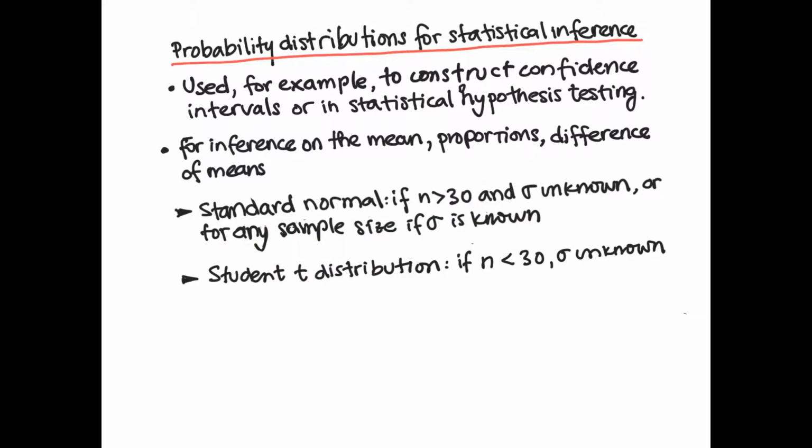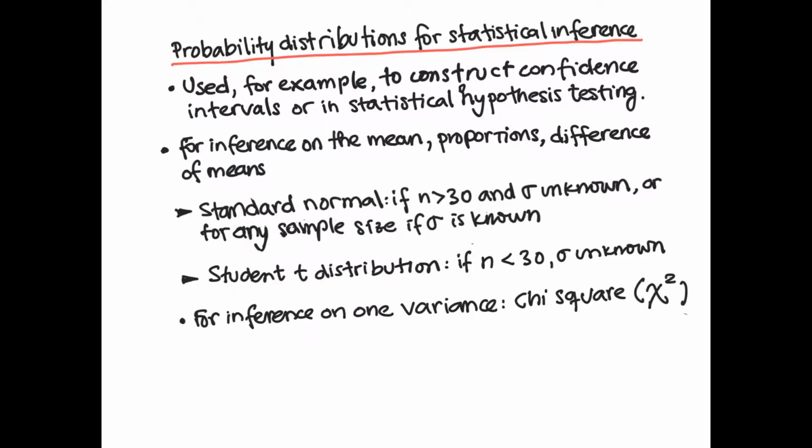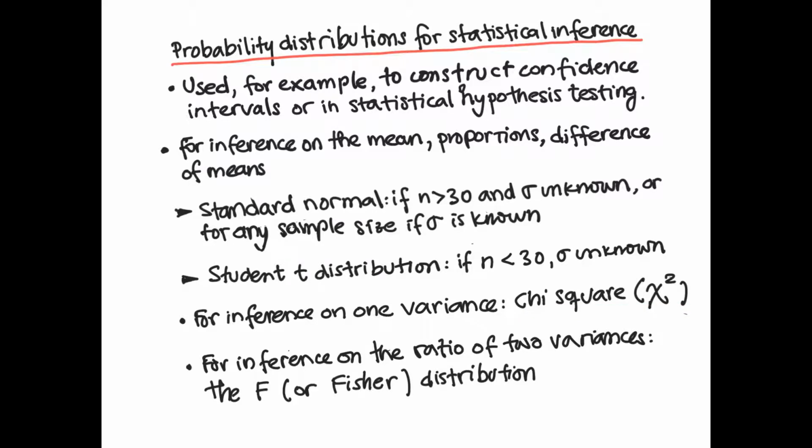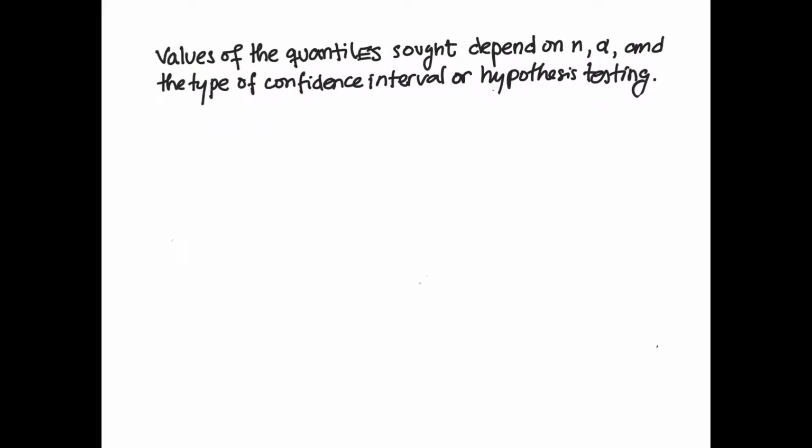If we don't know the standard deviation and we have a small sample, we'll use the student t distribution. For inferences on one variance, we use the chi-square distribution, and for inference on the ratio of two variances, we use the F or Fisher distribution.